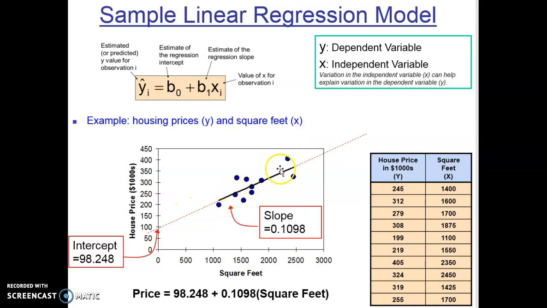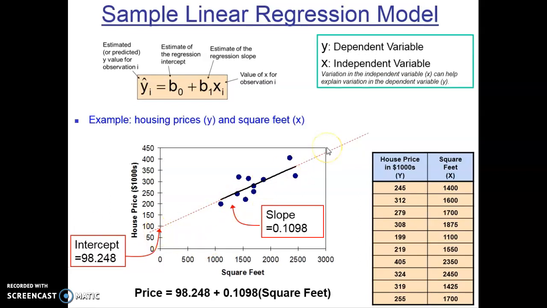So all you've done here is taken these data points, found a best fitting line, and then created the mathematical formula for that line to understand how housing prices move with square feet. Okay, simple as that. Once we have this line, we can use it to predict the home price based on square feet.